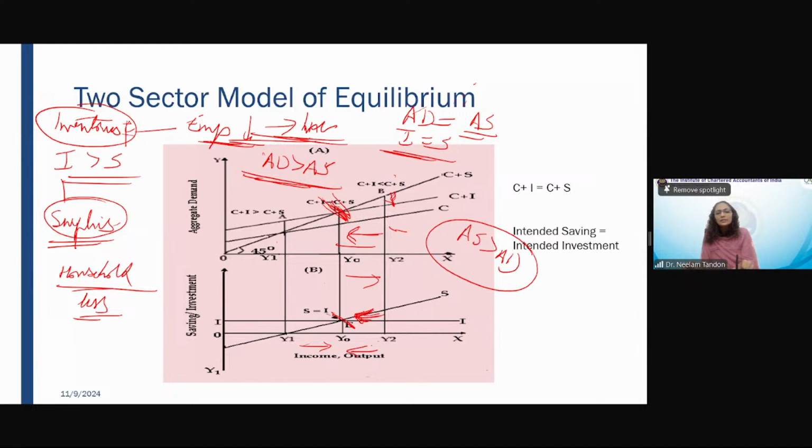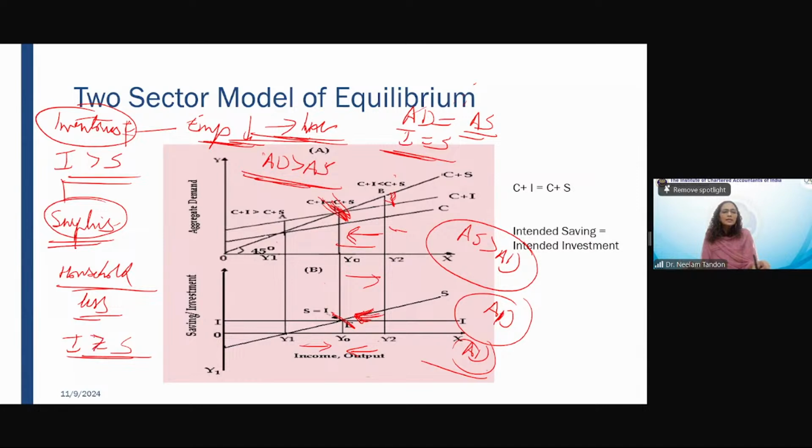Output will decrease, income will decrease, and the economy will move back to the equilibrium. So in the short term, economy may have excess of aggregate demand, or may have deficit of aggregate demand, and the equilibrium will change, but at the equilibrium, investments will be equal to savings.